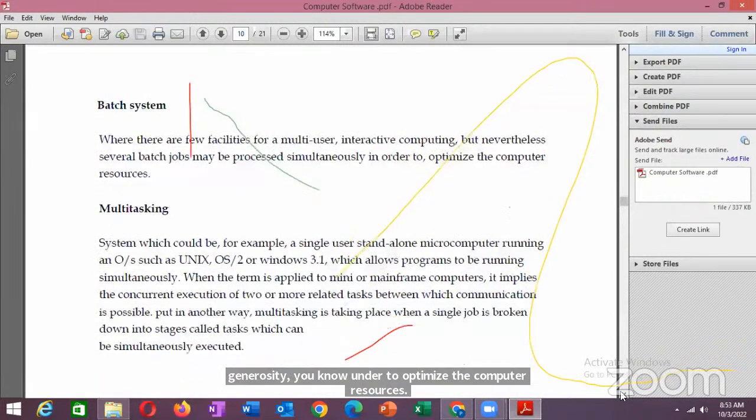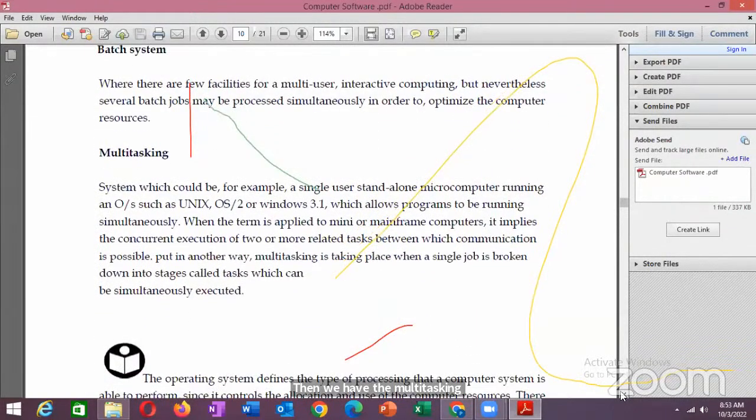Then we have the multitasking systems, which could be, for example, a single user standalone microcomputer running an operating system such as Unix, or OS/2, or Windows 3.1, which allows programs to be running simultaneously.